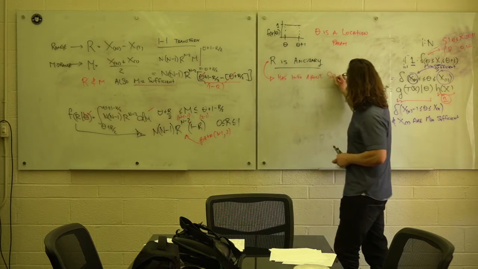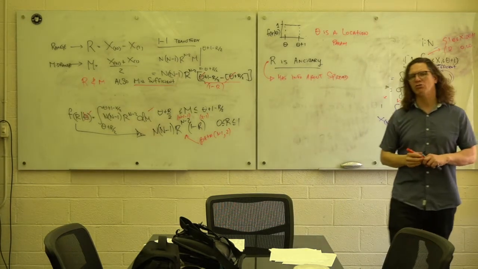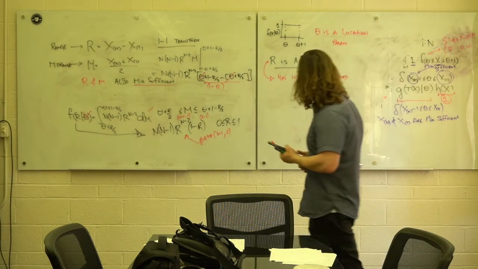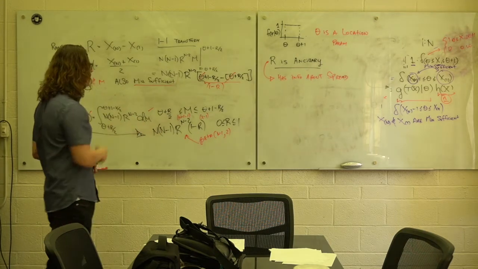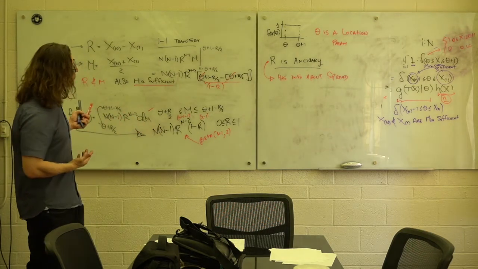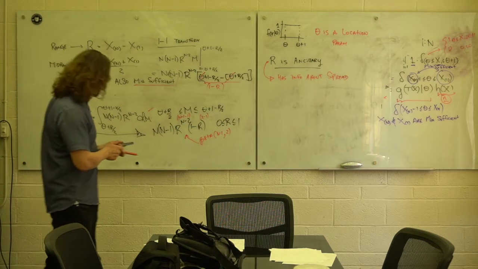I'll say it like this, it has information about the spread of a distribution. It doesn't have information about a location. So that was almost intuitive, but we'd go through the mechanics mathematically, we'd derive its marginal distribution, and we'd show that theta doesn't appear.